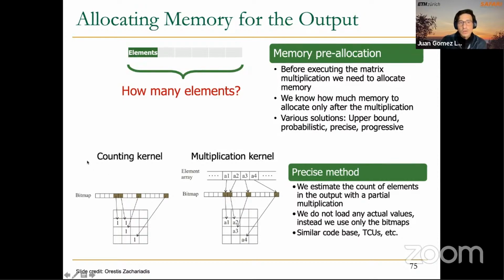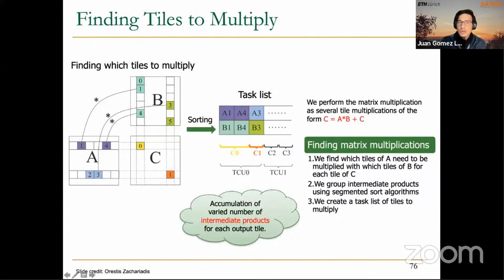So that's why we have this counting kernel that is executed before the multiplication kernel, because with the counting kernel that multiplies the bitmaps, we can find the precise amount of memory that we need to allocate for the output. And then we go to the multiplication. When we go to the multiplication, one thing that we have to do, these are all whole A, B, and C.